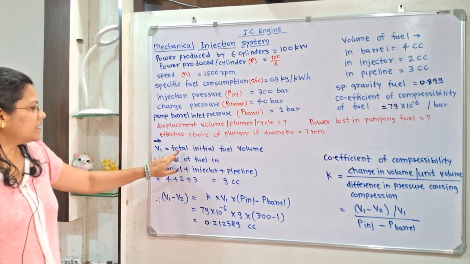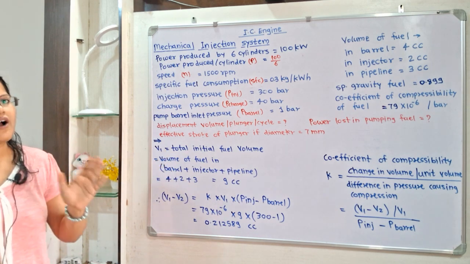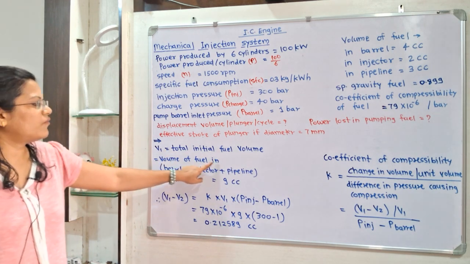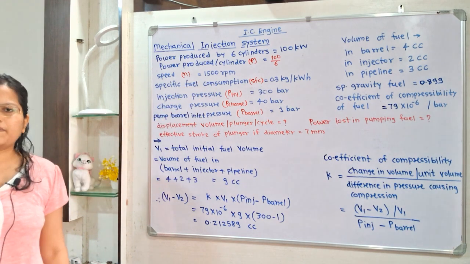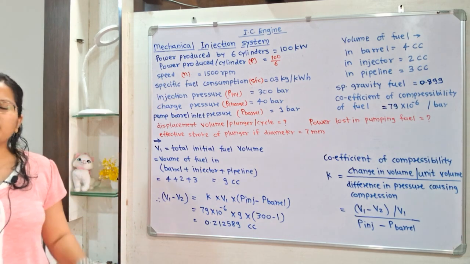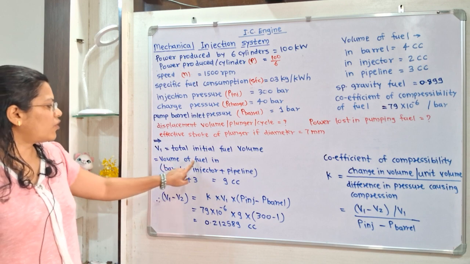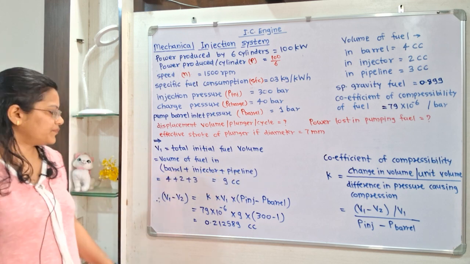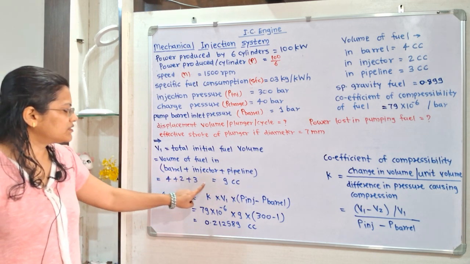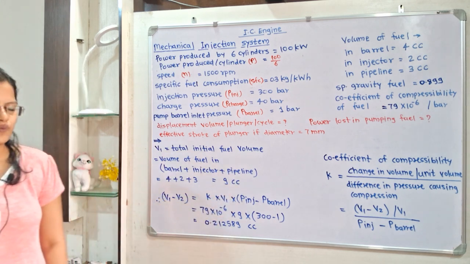The initial fuel volume is the volume of fuel in the barrel plus injector plus pipeline. All these volumes are mentioned in the question, so we will add the volume of fuel in the barrel, injector and pipeline. So it is 4 plus 2 plus 3, which is equal to 9 cc, that is 9 centimeter cube.